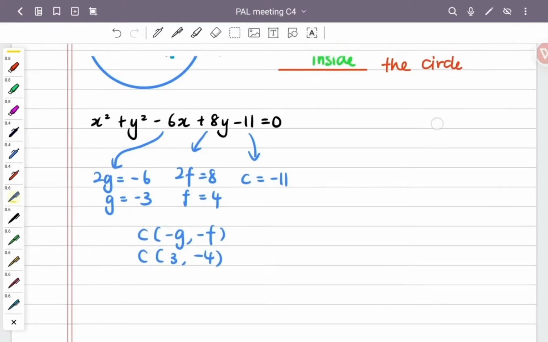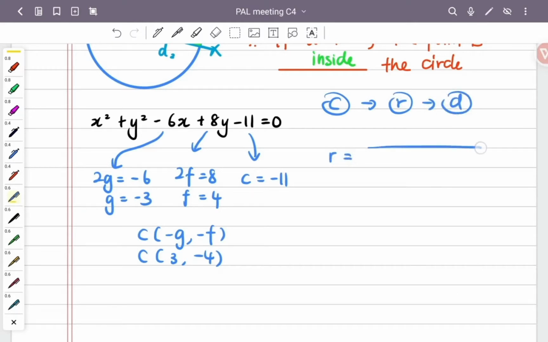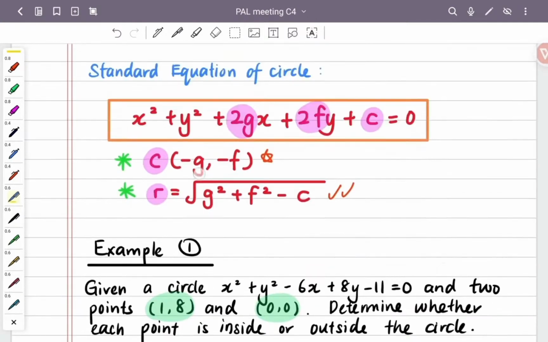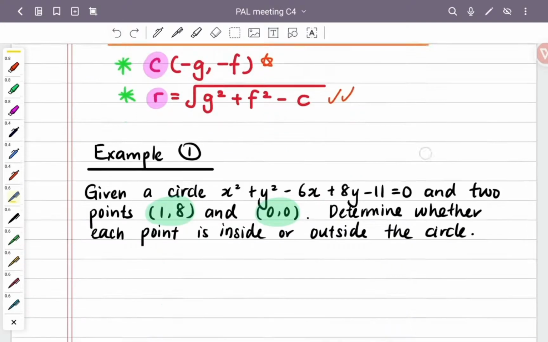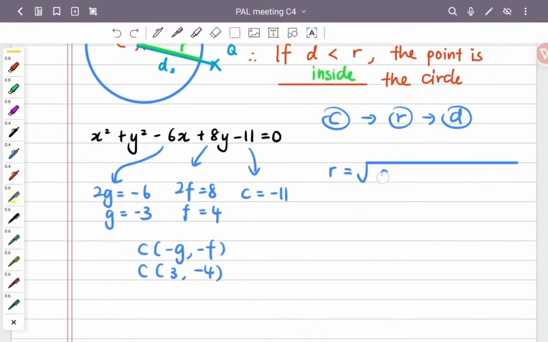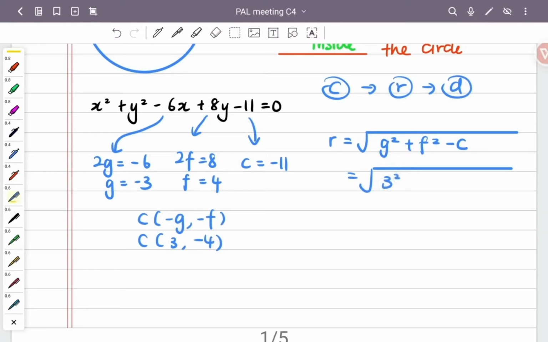Alright, and from here, this time we already said, right? From center to radius, and then we find the distance, then we compare. So now find your radius. R equals, we apply back the formula we learned just now. This equation: R equals the square root of g squared plus f squared minus c, which is equal to the square root of 3 squared plus negative 4 squared minus negative 11.